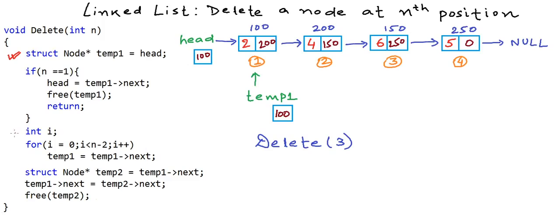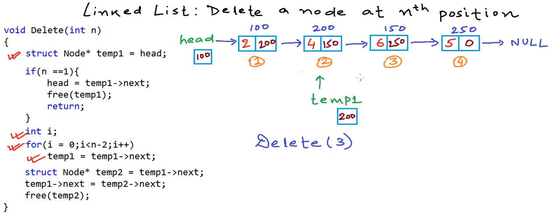So we come to this particular loop. N is equal to 3, so this loop will execute exactly once. This statement will execute exactly once. So temp1 will now move to address 200. So temp1 is now pointing to the second node. This is what we wanted to do. We wanted temp1 to point to the n minus 1th node.